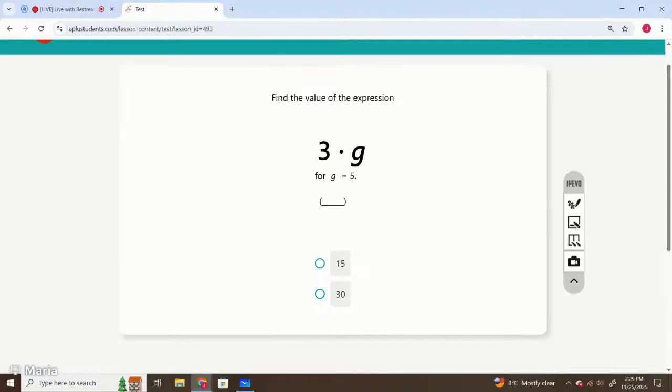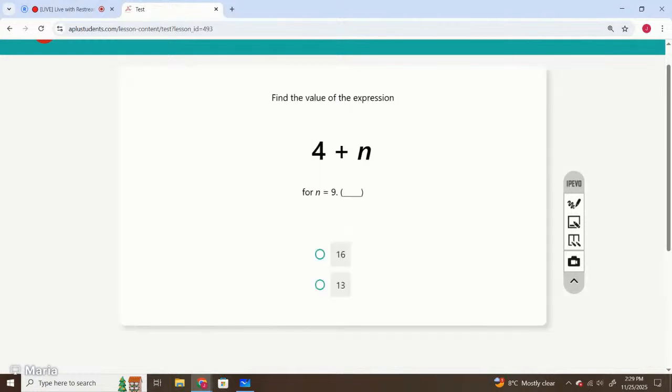That is 3 times 5, which is 15. Option number 1 is the correct option.